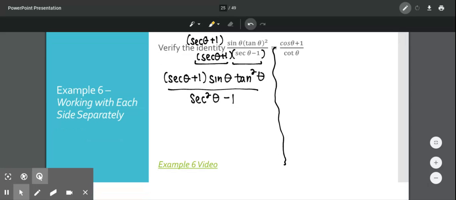So rewriting that numerator, we're going to make our secant squared theta minus 1 into a tangent squared theta. And so now you have those 3 terms you're multiplying in the numerator. One is tangent squared, so this tangent squared will simplify with that tangent squared.